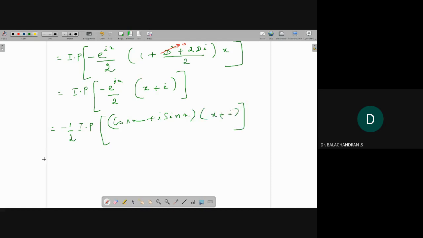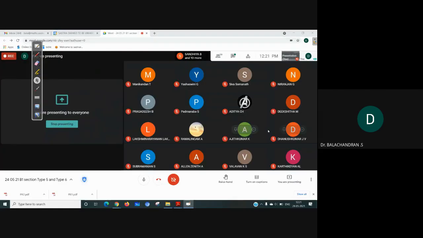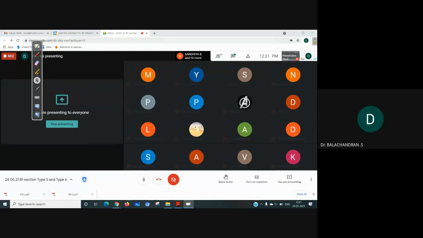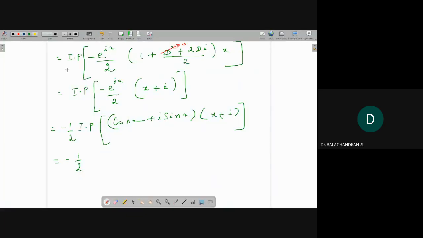Okay, now Shiva Shomnath will tell what is the imaginary part here. Is Shiva Shomnath here? So you can tell what is the imaginary part.